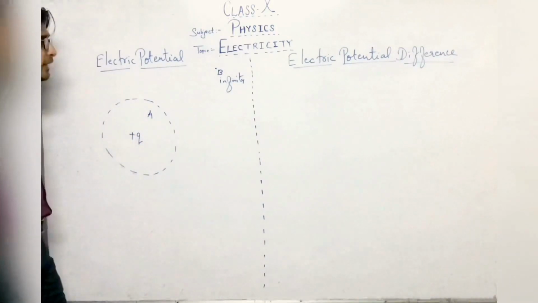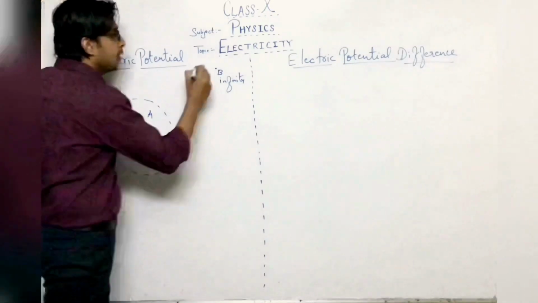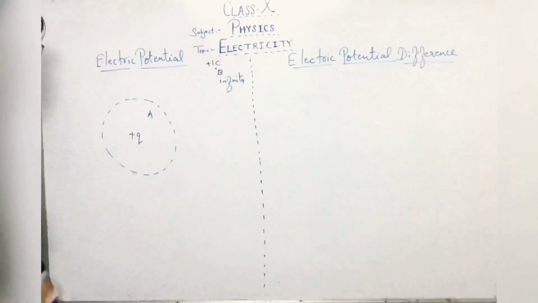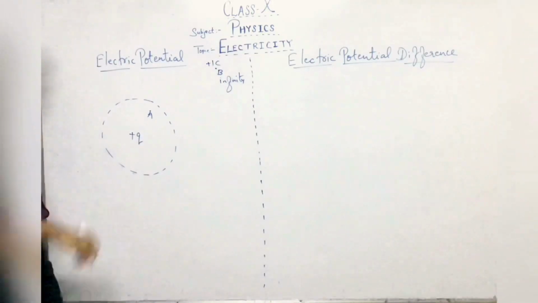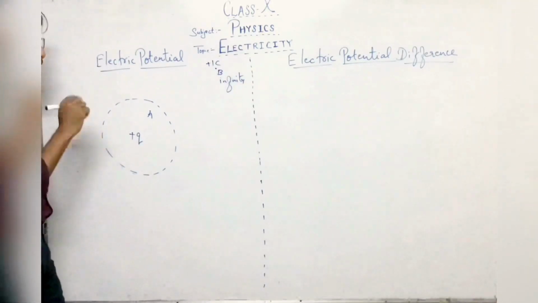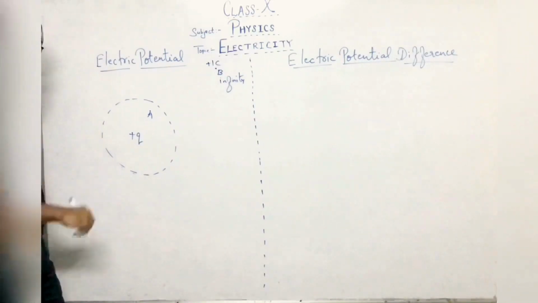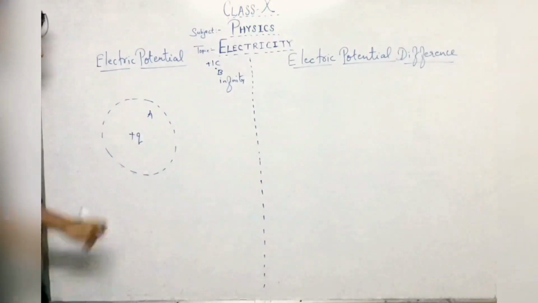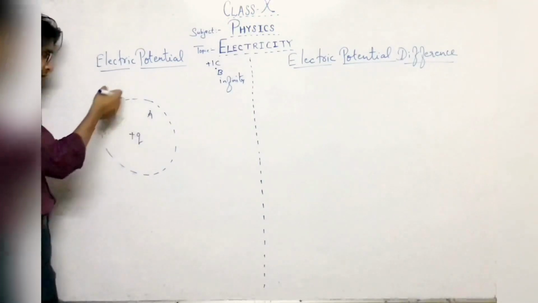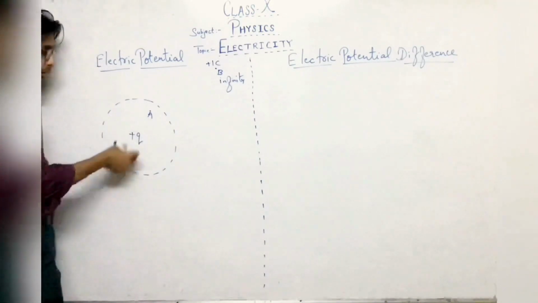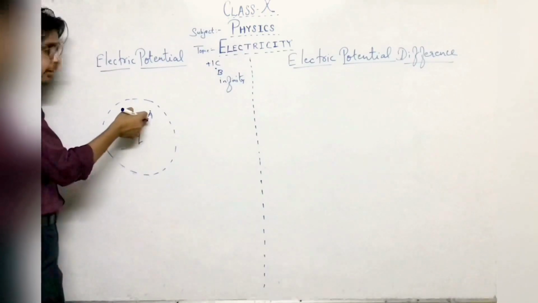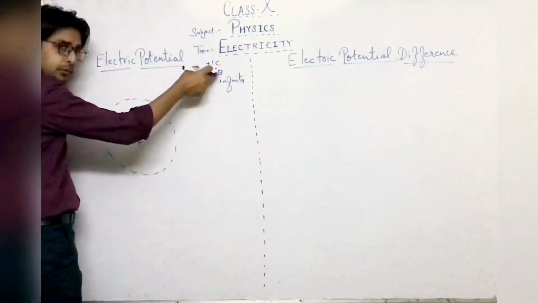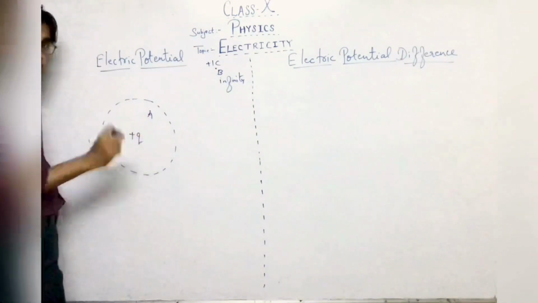At B, there is a charge which is plus 1 coulomb. Plus 1 coulomb means it is positive. Its value is 1. So we can say it as unit charge, unit positive charge. Okay. Now, there is a charge, there is an electric field, there is a point inside and there is a point outside. There is a charge plus 1 coulomb which is known as unit positive charge.